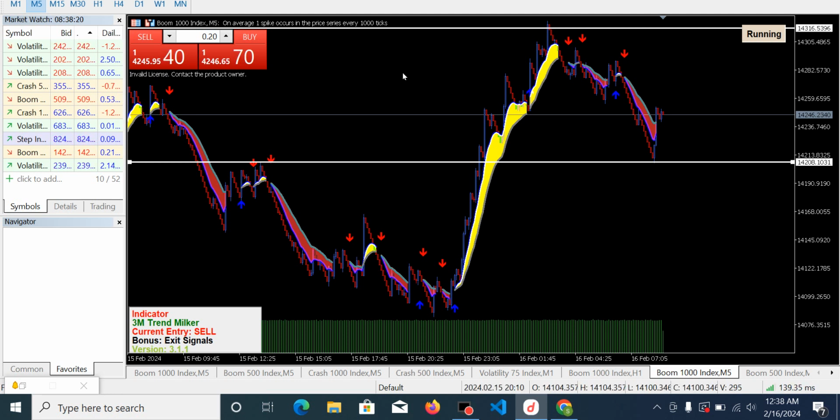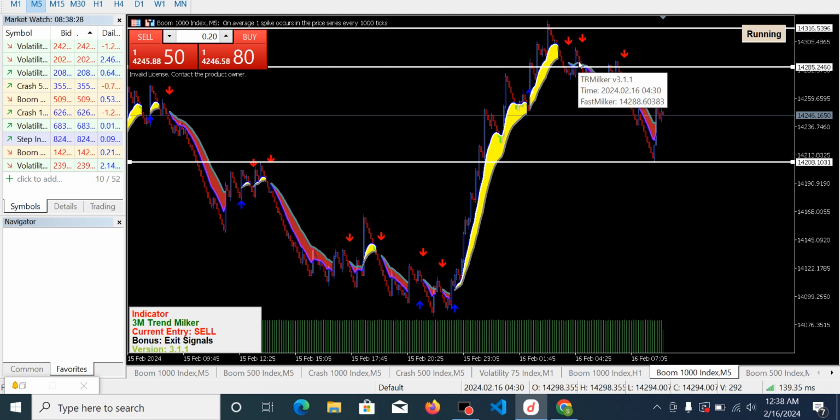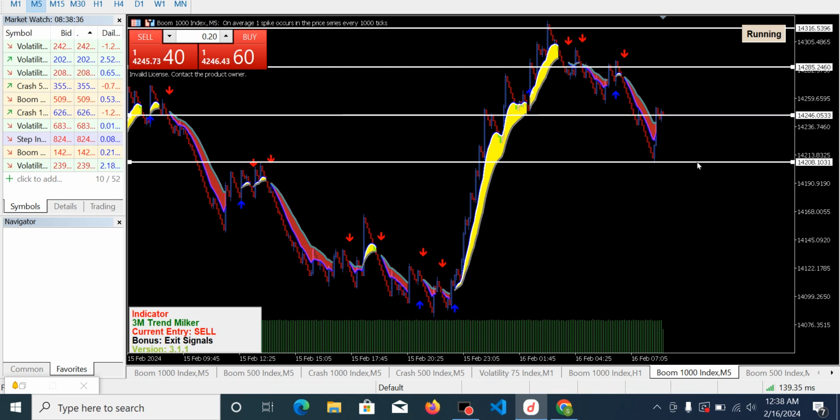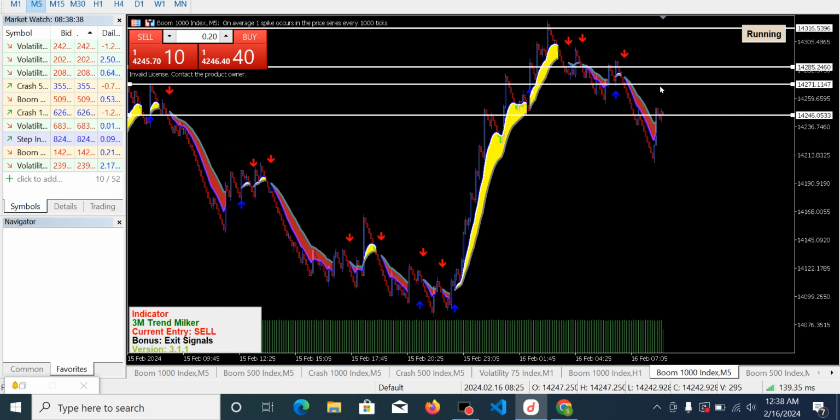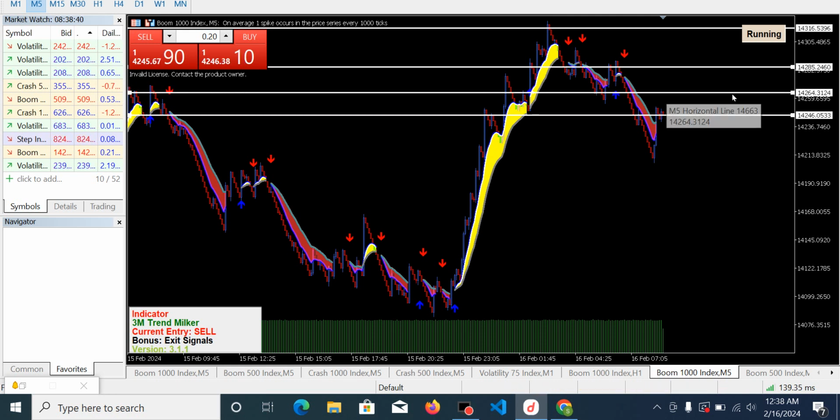Let's say we actually started trading around here when we got our initial order, and the market has gotten to this level. Let's say it has gotten to here. All you need to do is adjust your stop loss to somewhere here to secure some part of your profit, and that is the beauty of it all.